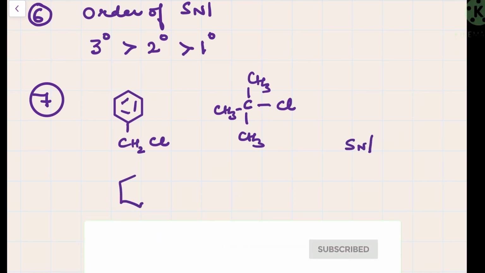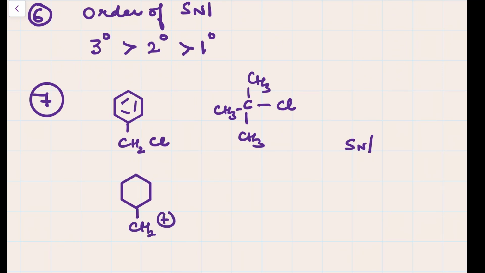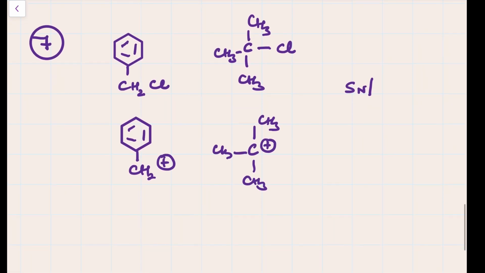Because benzyl carbocation is resonance stabilized and tert-butyl carbocation is 3 degree. But if you look between both of them, it is always 3 degree more stable than benzyl, because we will have 9 hyperconjugative structures because of 3 hydrogens, 3 hydrogens, 3 hydrogens here.